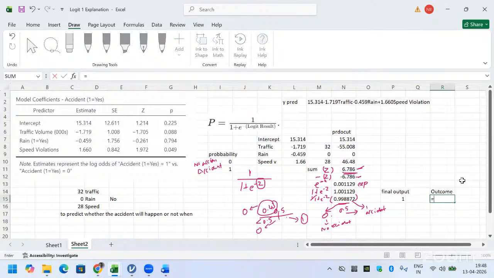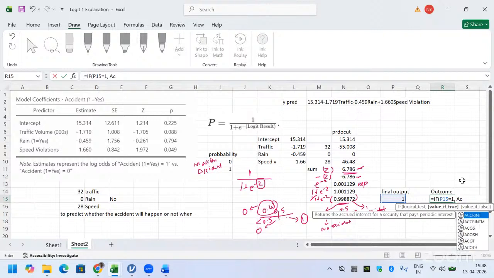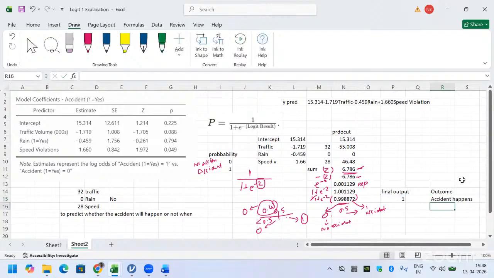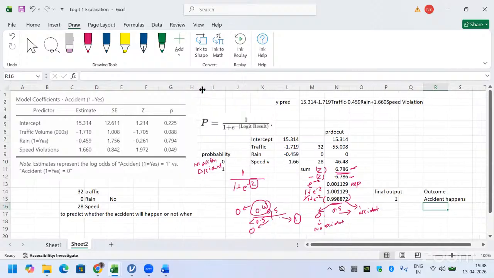If this is equal to 1, then write accident happens. Otherwise, mention no accident can be predicted. In this case, an accident happens because this is 1.